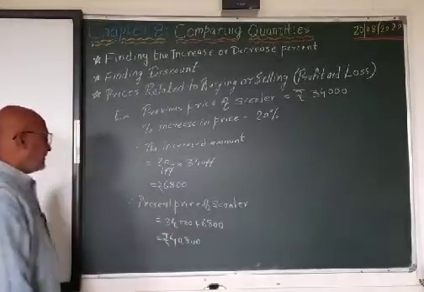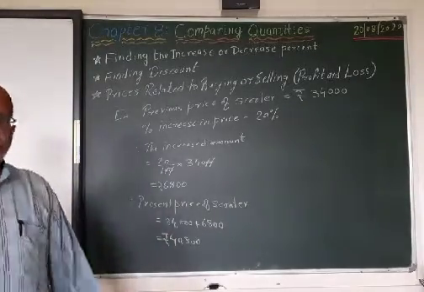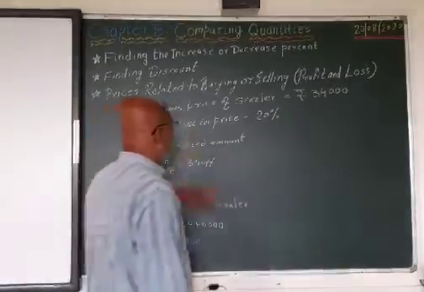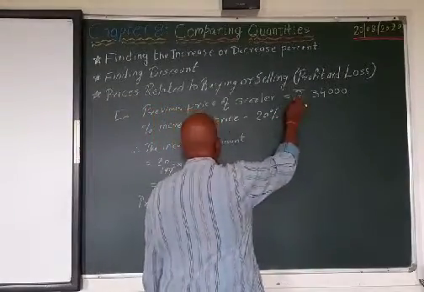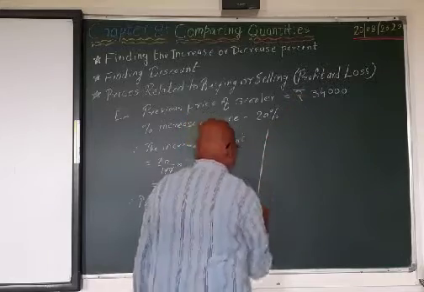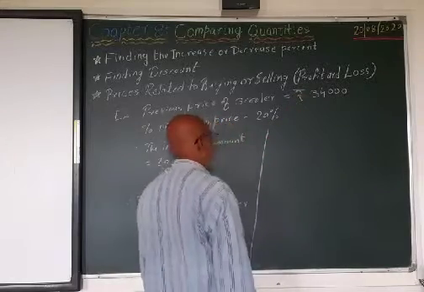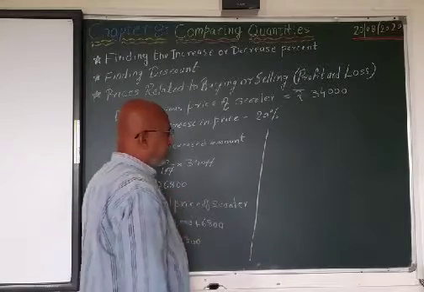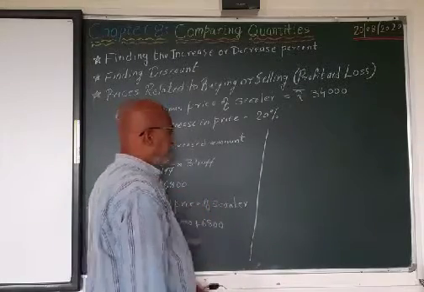So the present price of the scooter will be 40,800 rupees. Now this, as I said, is one of the methods. The other method I will show you. The same answer can be obtained by another method.